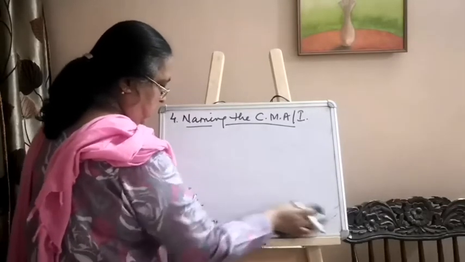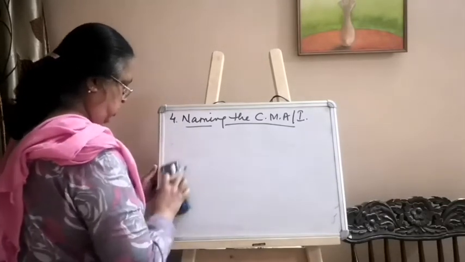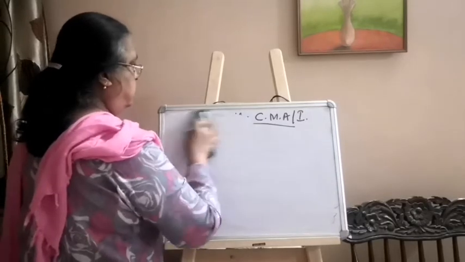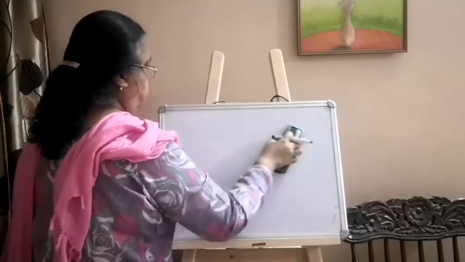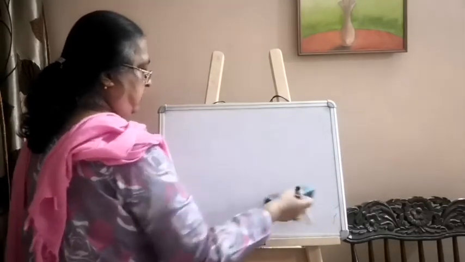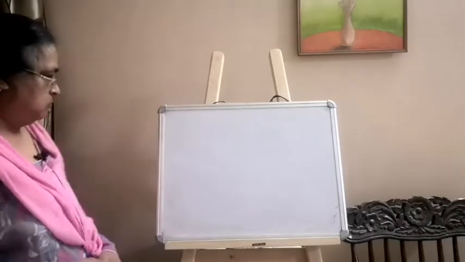A central metal atom can have more than one oxidation state normally, but which oxidation state it is present in this complex, that you will have to calculate.